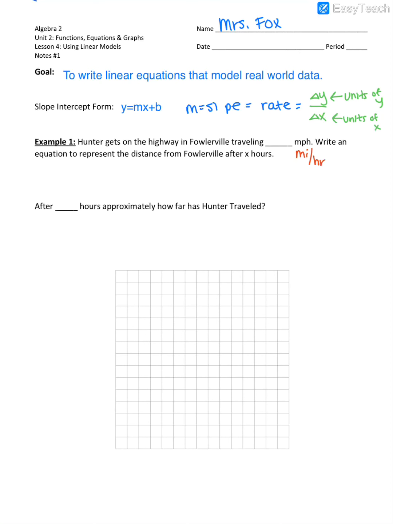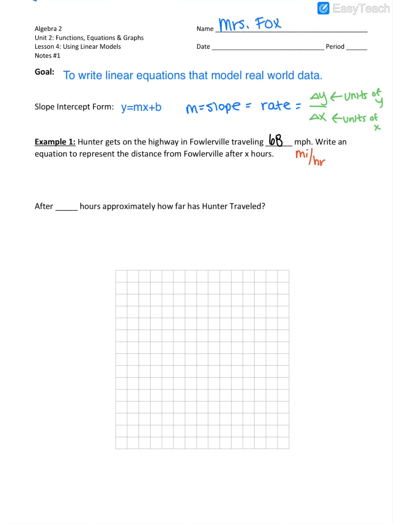So if we read this, it says Hunter gets on the highway in Fowlerville traveling 68 miles per hour. Write an equation to represent the distance from Fowlerville after x hours.